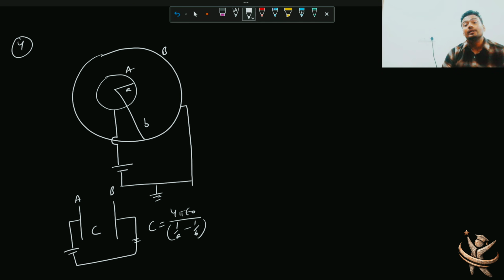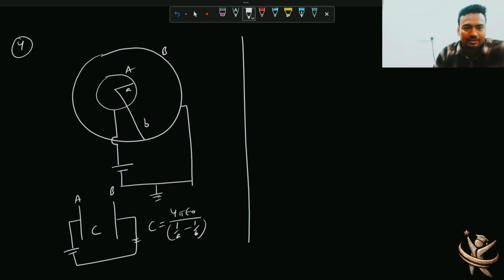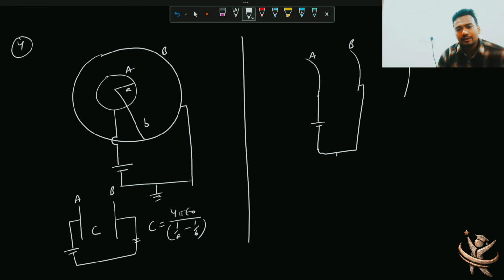But suppose even if you start in such a way that you add one more sphere outside: this is sphere A, this is B and this is C. So you connected the battery to A and then connected B. Suppose you are still imagining this last one, C, which is grounded.